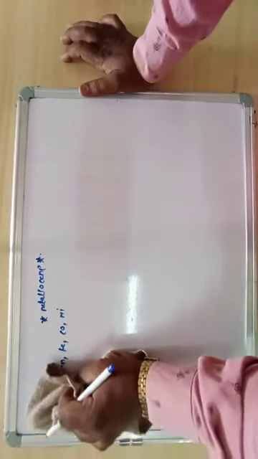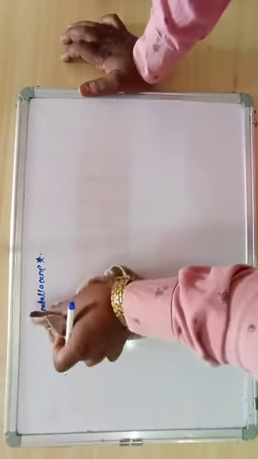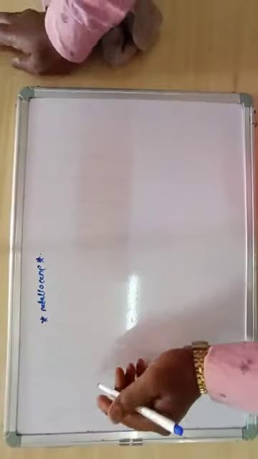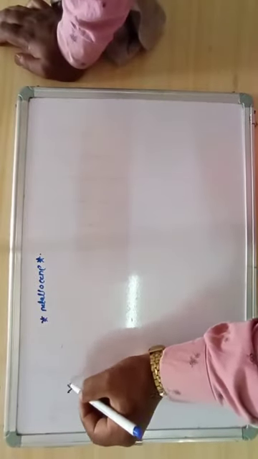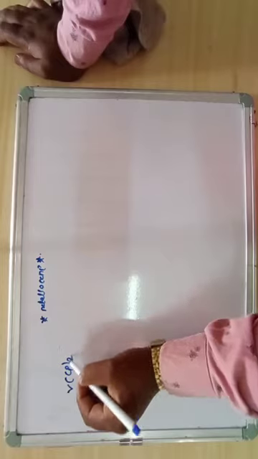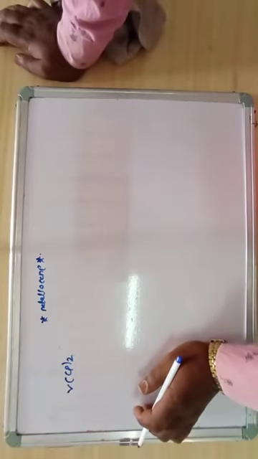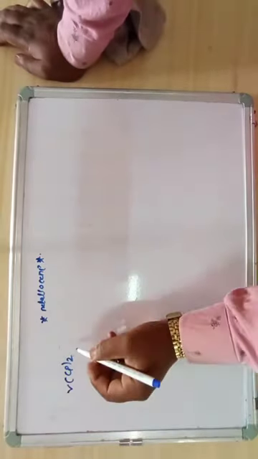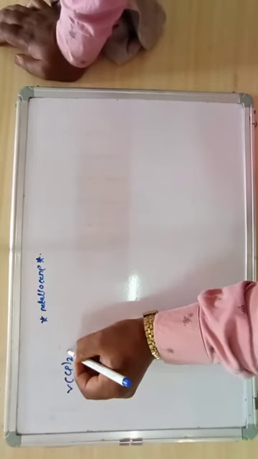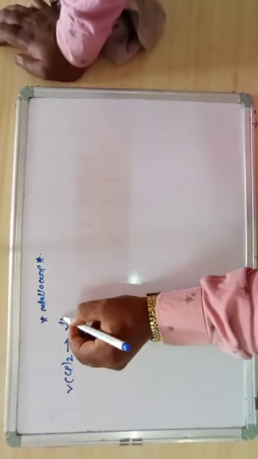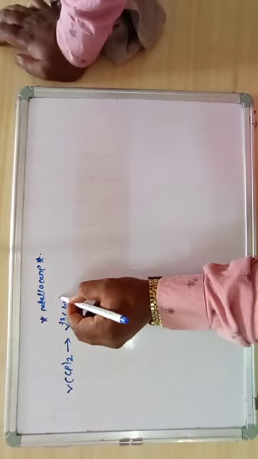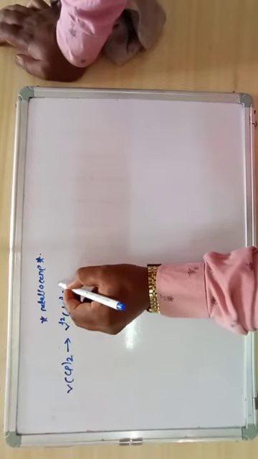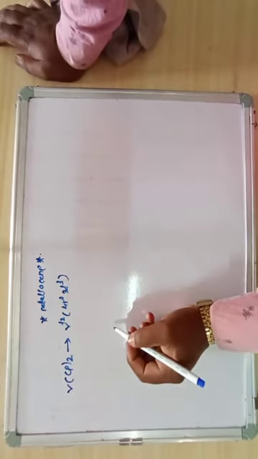The first metallocene is VCp2, vanadium Cp2. In this complex, vanadium is in the +2 oxidation state, so its configuration is 4s0 3d3. It contains only 3 electrons.